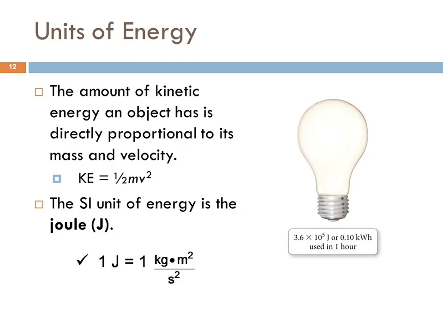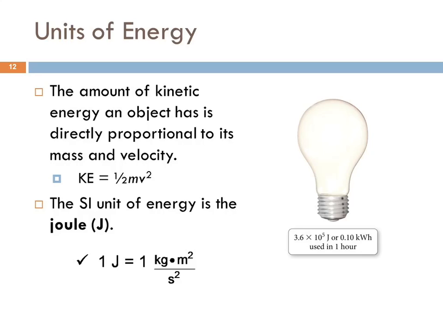Well, energy is something that is measurable, and so of course we have to have units for energy. Here's our relationship between kinetic energy, mass, and velocity. So kinetic energy is 1/2 the mass times the velocity squared. The SI unit of energy is the joule. That's a J, and it's a French word.